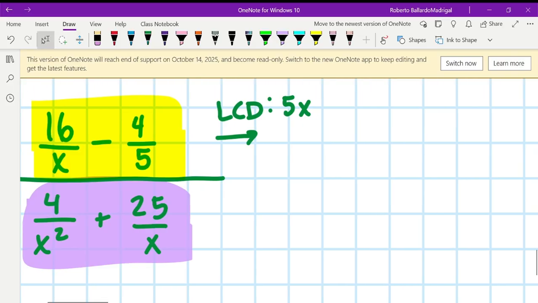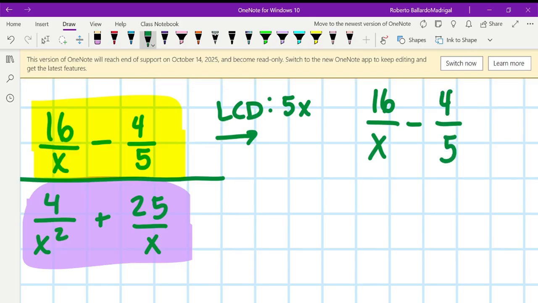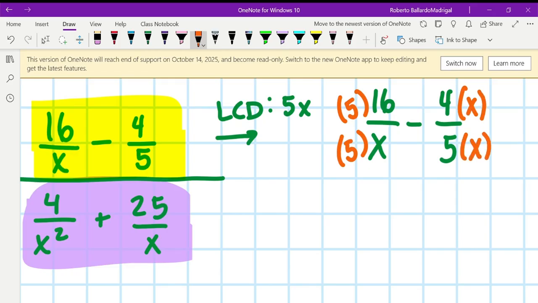So if the LCD is 5x, then I have 16 over x and 4 over 5. I'm multiplying the first fraction by what to get 5x? By 5, top and bottom. What am I going to multiply the second fraction by to get 5x? If I have the 5, I'm missing the x. Okay.